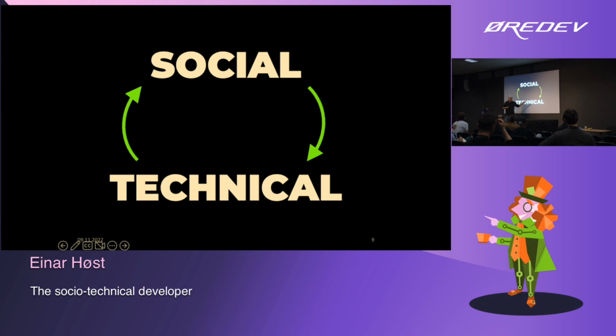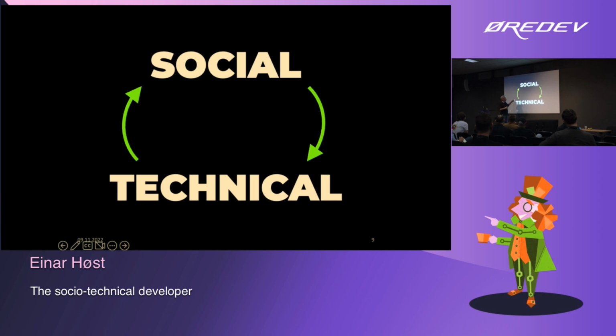So the technical part for me is technical artifacts, sure, but there's also knowledge structures and processes that we follow, practices, and so on and so forth. And the social is all the informal things that have to do with us being human. That also covers individual psychology, group psychology, and so on and so forth.